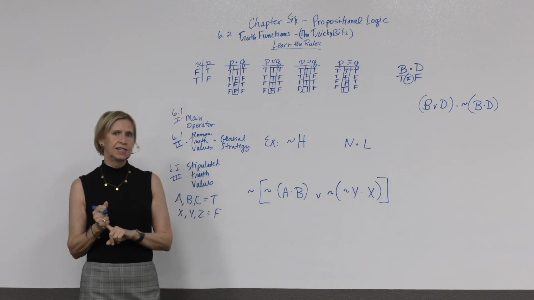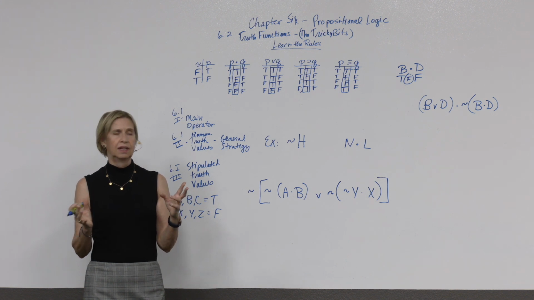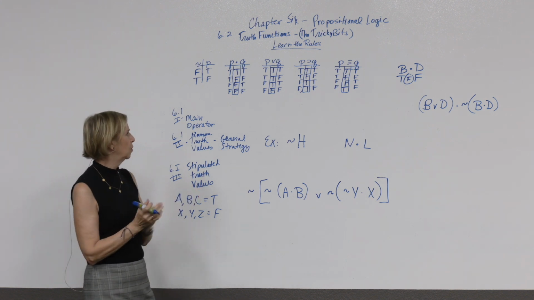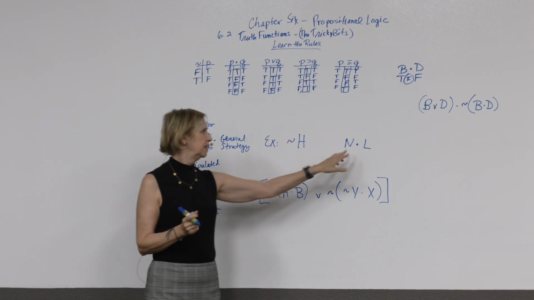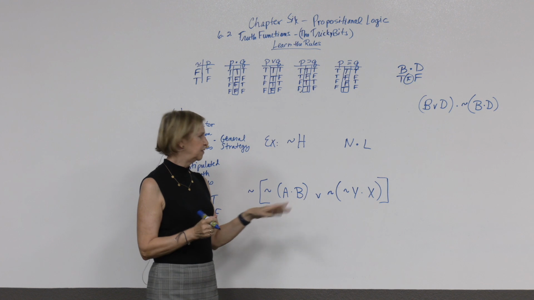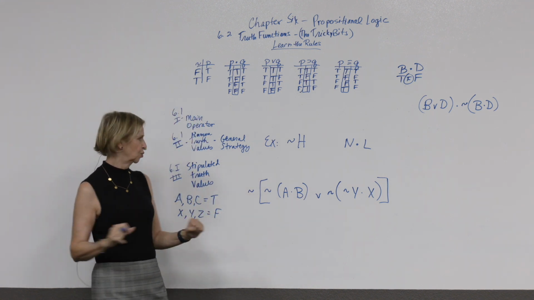The part 1 exercise set is about identifying the main operator of a compound statement that has more than one operator. So you always look for the logical operator that's left outside of any parentheses, braces, or brackets. That's the general rule.